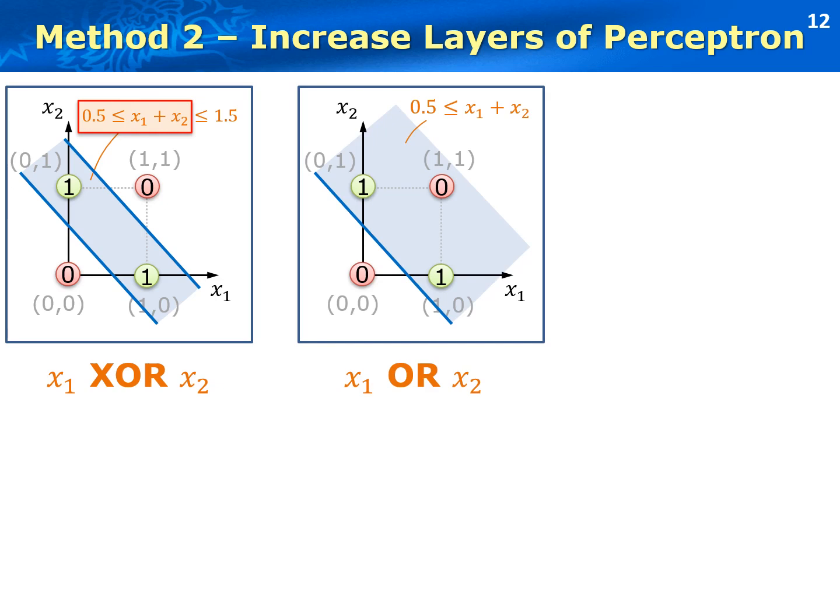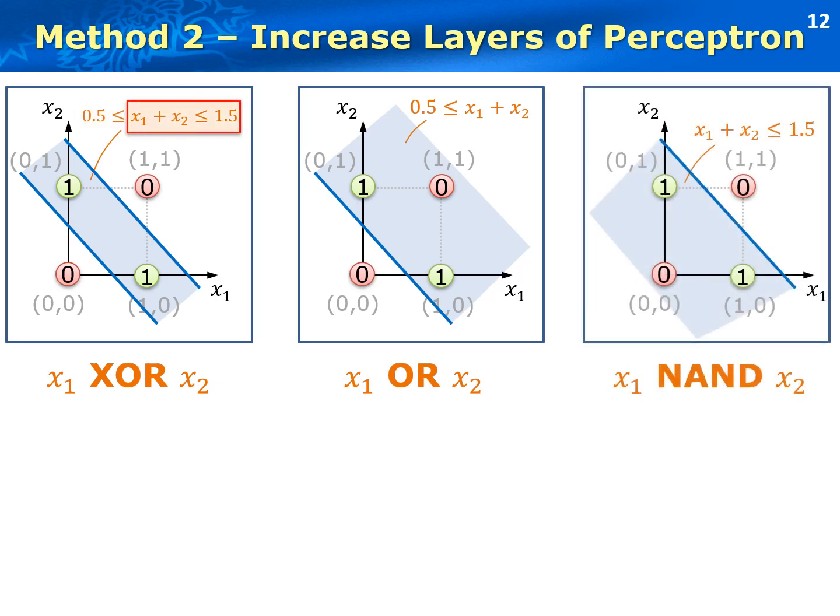This region is the decision boundary of the OR gate. The other half space is the region x1 plus x2 less than or equal to 1.5. This region is the decision boundary of the NAND gate. The intersection of the OR gate and NAND gate makes the XOR gate.